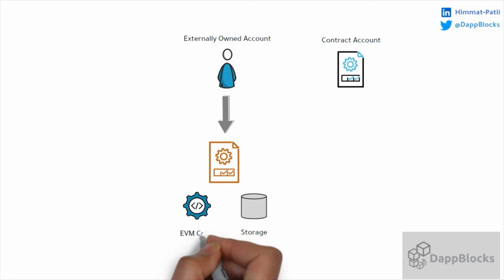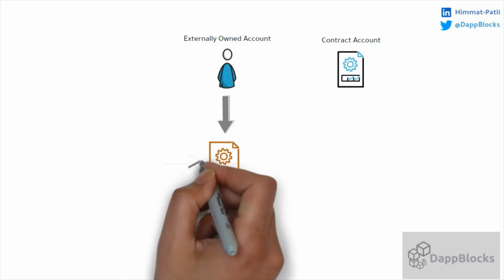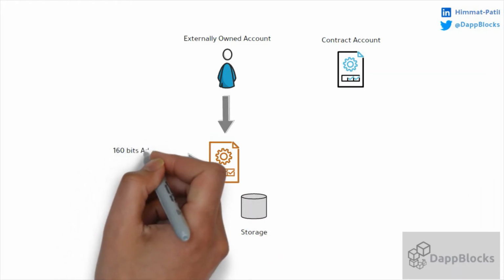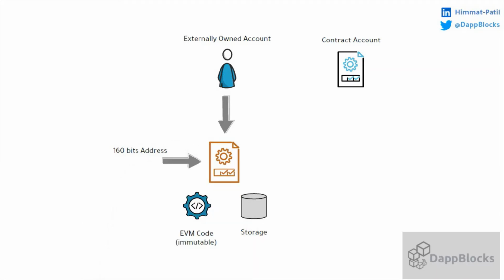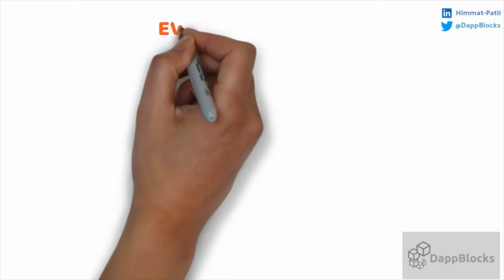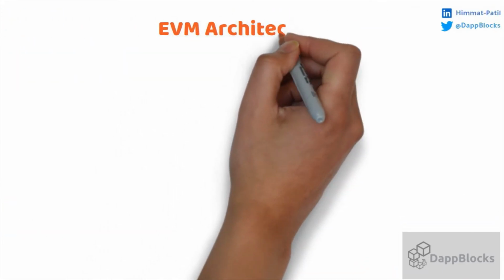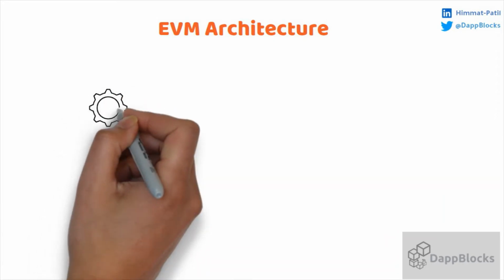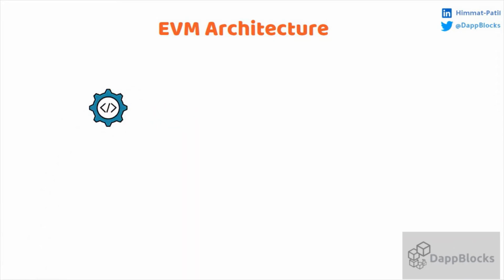Smart contract is an immutable computer code called EVM code. Now we have a new smart contract on the Ethereum blockchain represented by unique 160-bit address. Let's see how this smart contract gets executed, and for that we have Ethereum virtual machine to run a smart contract.